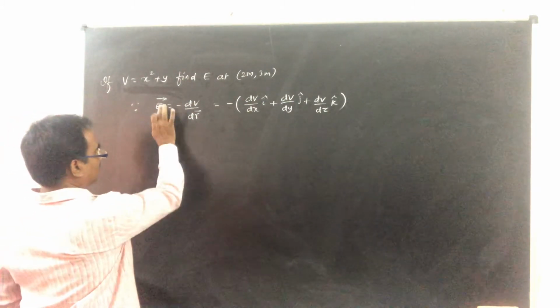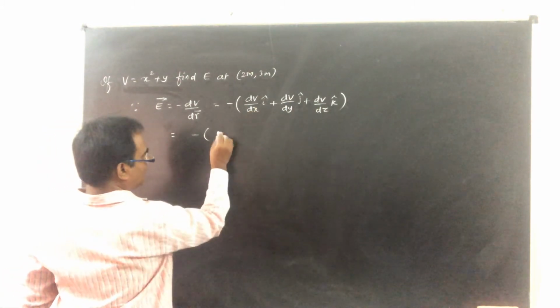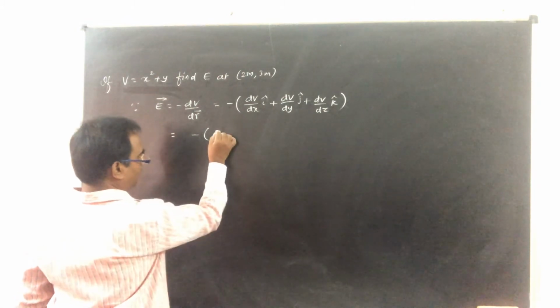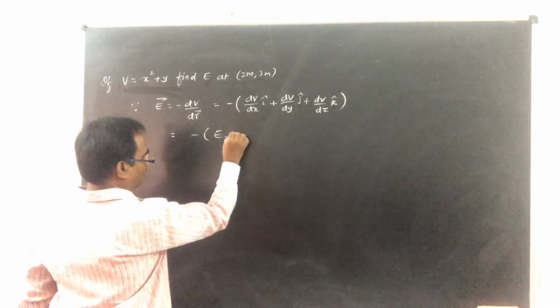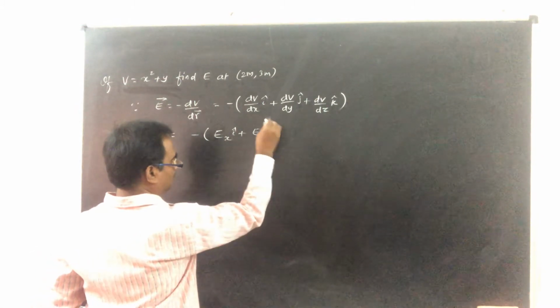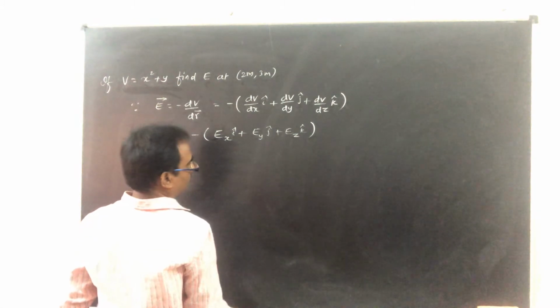So this equation can be written like this. That means this is the x component of electric field: Ex i cap, Ey j cap, Ez k cap.